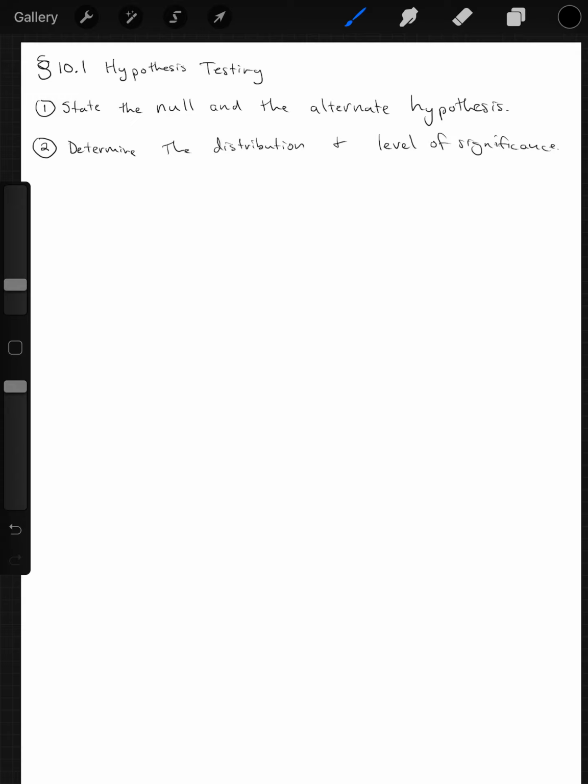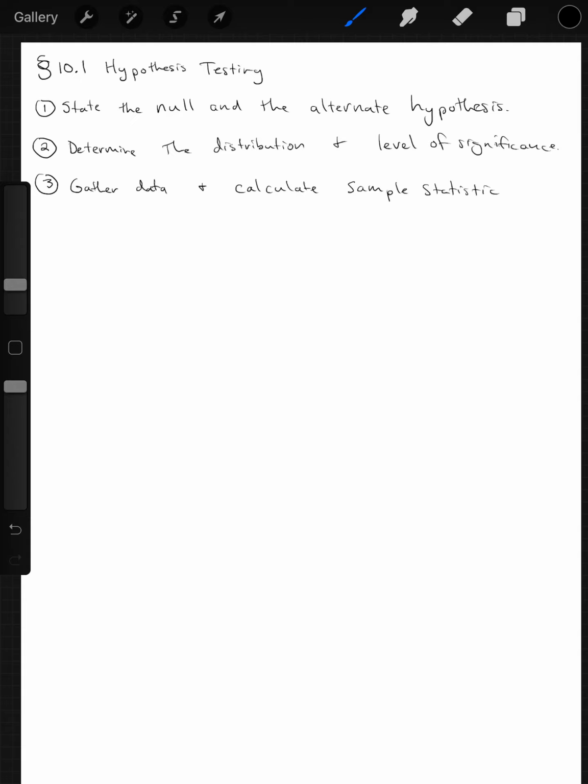Once we've got all that set up and we're ready to go, then it's time to gather data. If we're in the real world, in this class, the data will usually be given to us in the form of a word problem. And so our part in this step is to calculate the sample statistic.